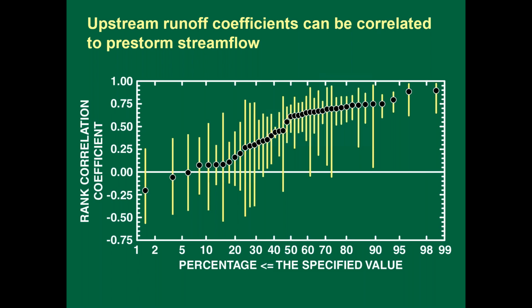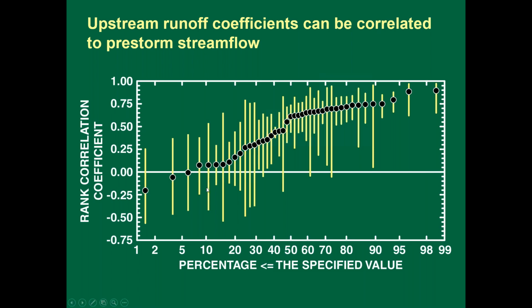We looked at the rank correlation to different values like the previous storm size and the time between storms. And for the upstream basin, what really predicted it, and it kind of makes sense, is the pre-storm streamflow. If the pre-storm streamflow coming out of a basin is high, it usually means that the basin has been saturated by a recent event.